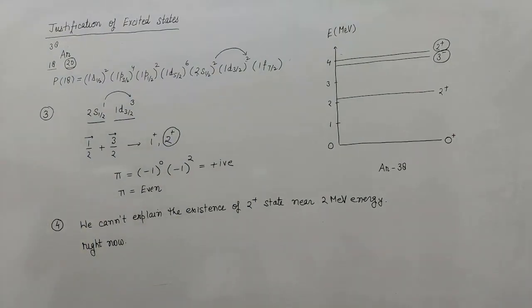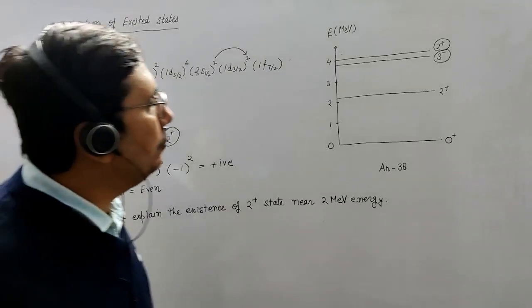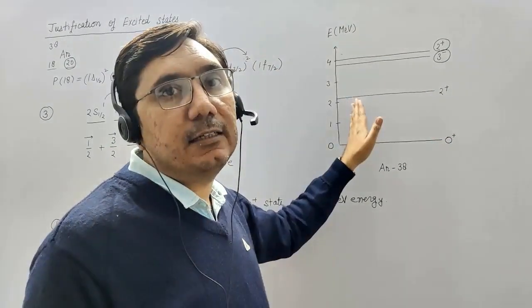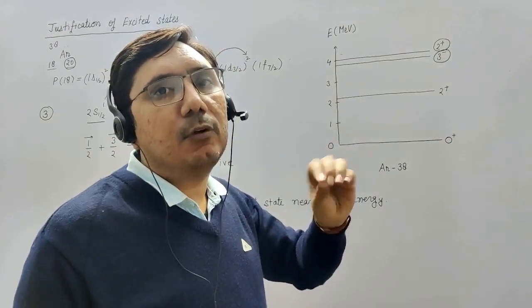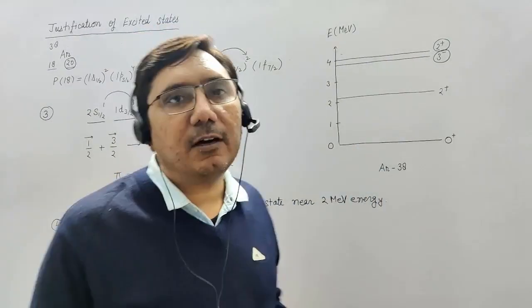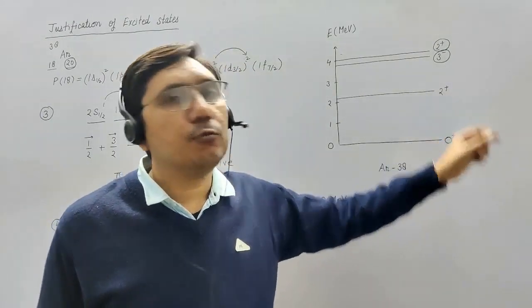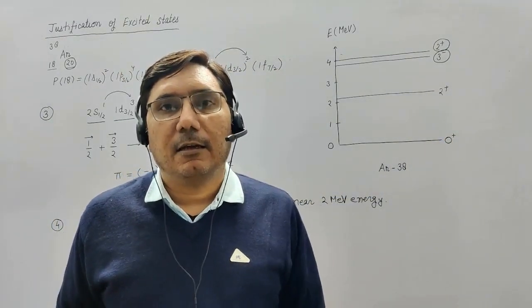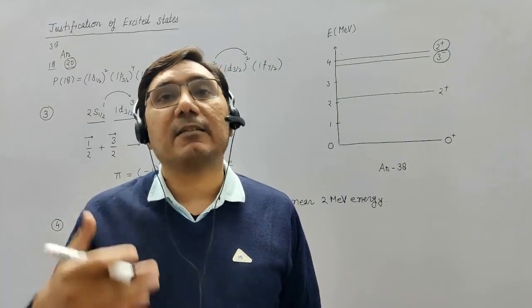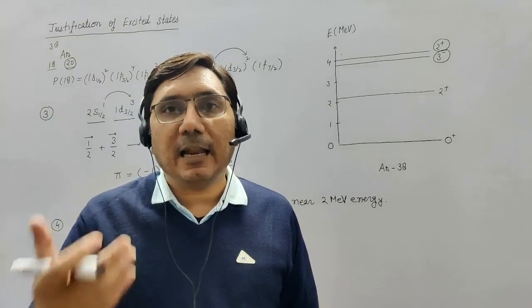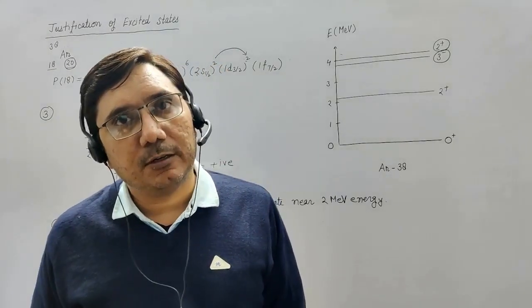If you consider the excited state of another even nucleus, you will again find a 2 plus energy state whose average energy is between 1 MeV and 2 MeV. With every even nucleus you will find this 2 plus state, and we are not able to explain its existence with the discussion we have done up to this point.